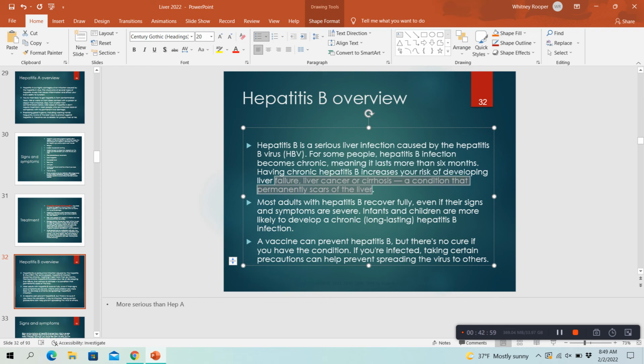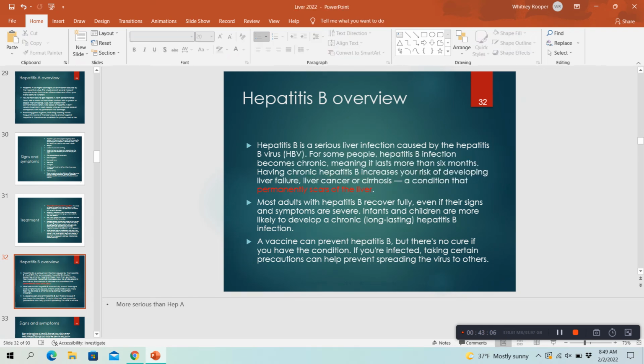They can recover fully. And there is a vaccine available. The vaccine is now given earlier and earlier than it ever was before. Little kids can take it now. I remember way back when kids didn't take it. But it is more and more available.